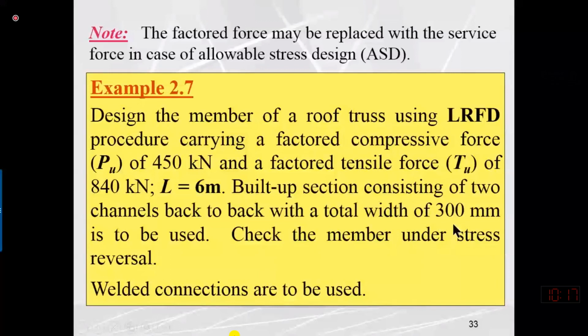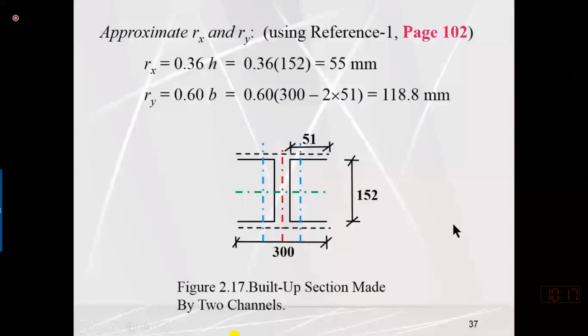So let me show you. This is, remember, the two channels placed back to back with flanges turned outside. We are provided with the total width. The total width should not be more than 300, but the gap between the webs may be different, depending upon our selected section. We will see when we are designing this.